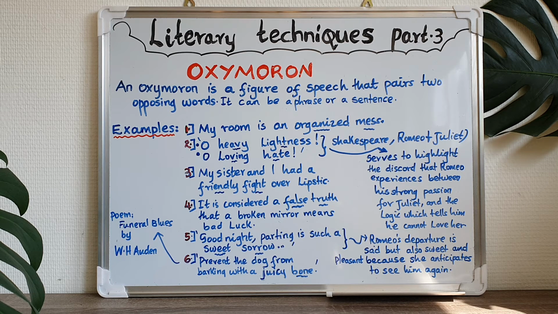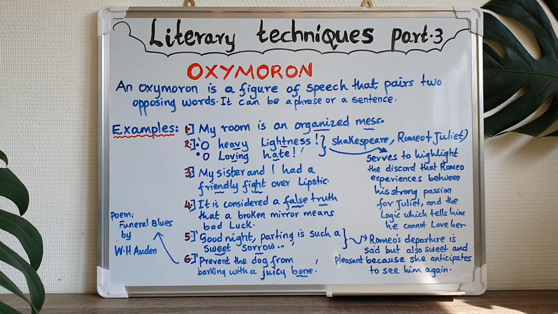And these words are actually spoken by Juliet. Okay? At some point, she has to part from Romeo because Romeo has to go. And so she says these words, good night. Parting is such a sweet sorrow.